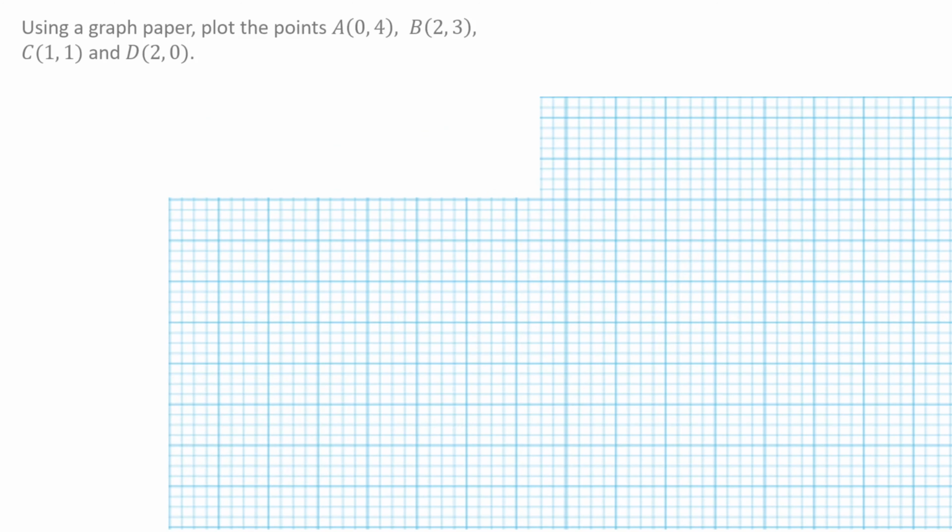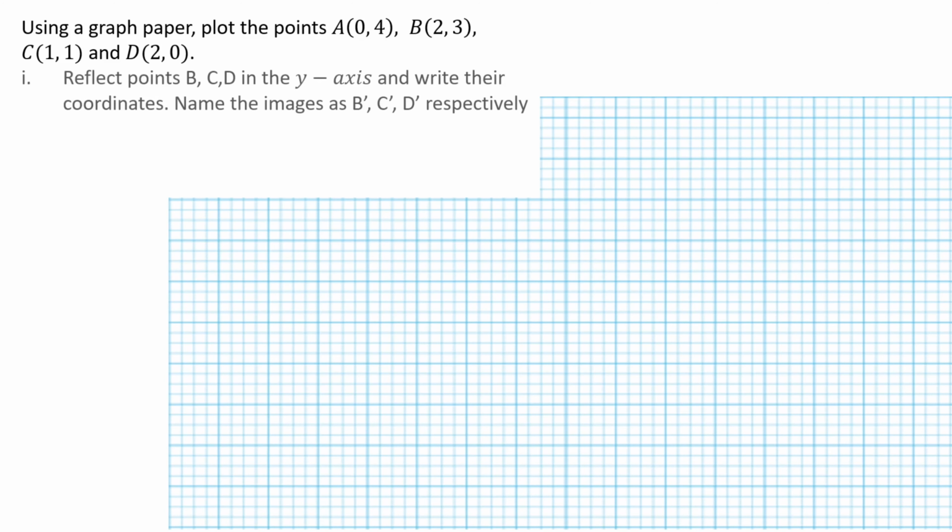Second question says, using a graph paper, plot the points A 0,4, B 2,3, C 1,1 and D 2,0. Reflect the points B, C and D in the y-axis and write their coordinates.